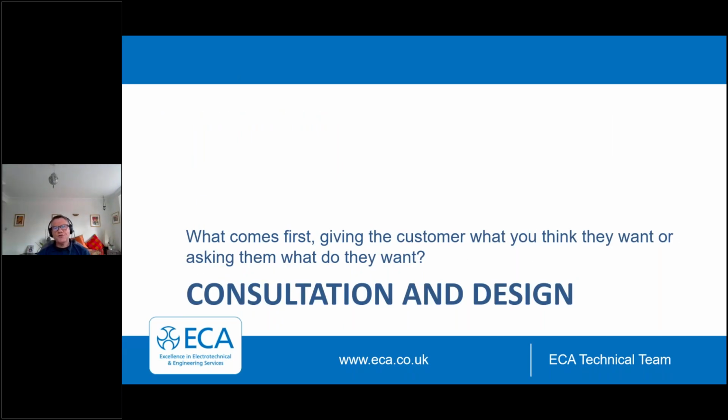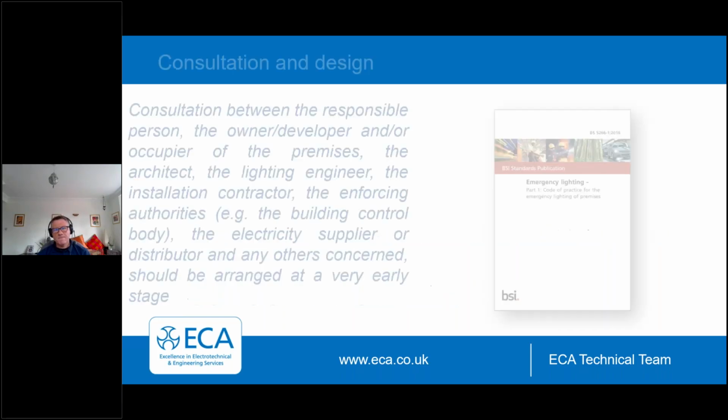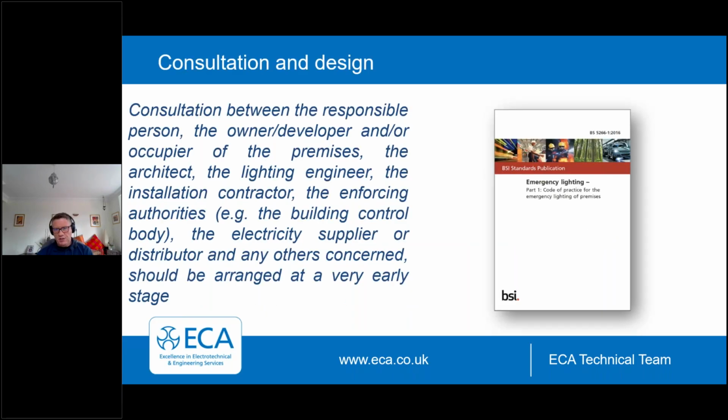So, design and consultation. As you can imagine, 5266 gives us a lot of information about design and the processes that we need to consider when we're thinking about designing an emergency lighting system.